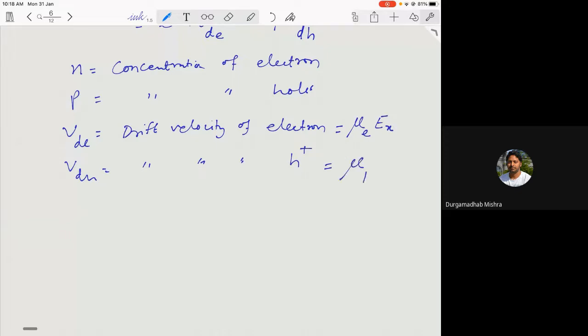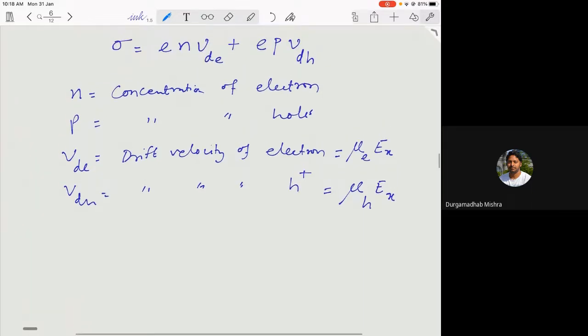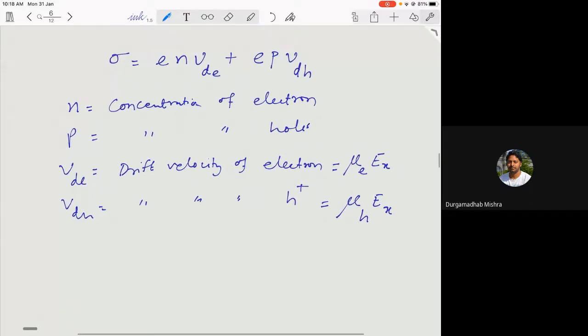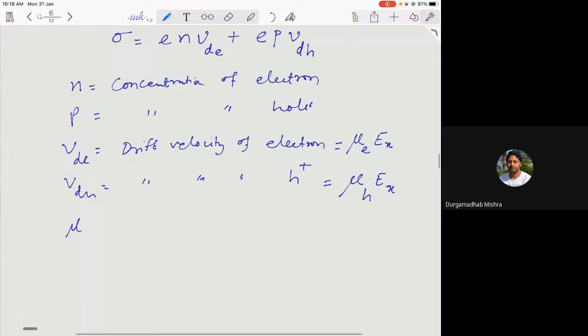This is mu h. So this is the conductivity of the semiconductor, and mu e is the mobility of electron, and mu h is the mobility of the hole. And what is mu e in terms of?